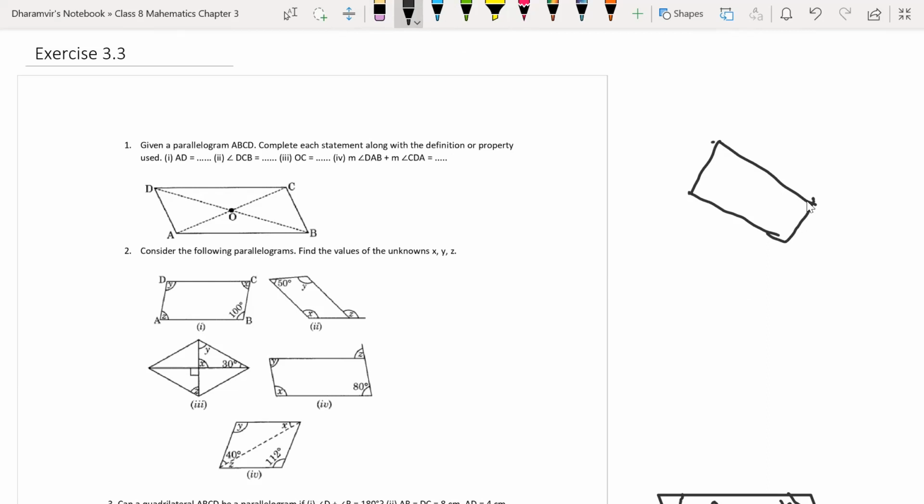It's a parallelogram. There is one straight line. There is another line. Okay.